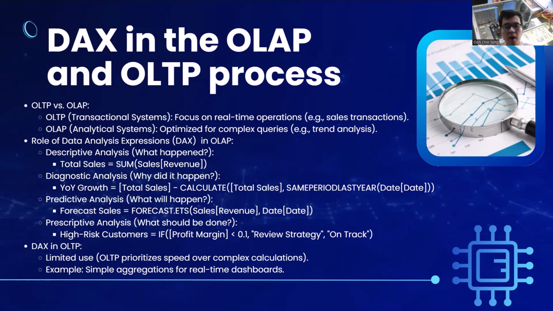The data analysis expressions in OLAP are used to make 4 analyses shown below. First, what happened? Second, why did it happen? Third, what will happen? Fourth, what should be done? We insert this code into Power BI to ensure all these analyses can run successfully and get what we want.